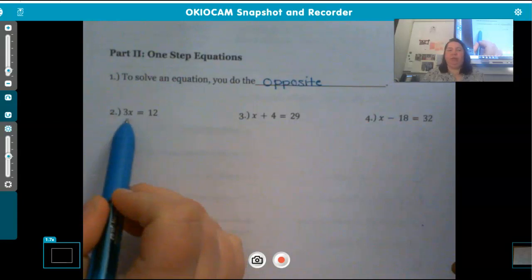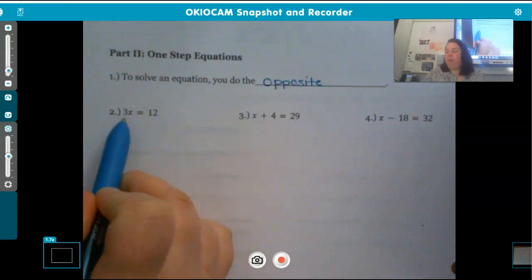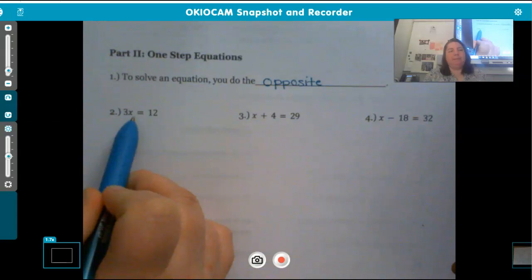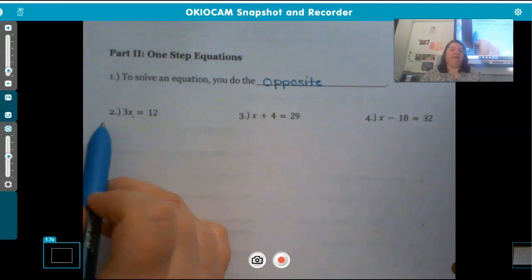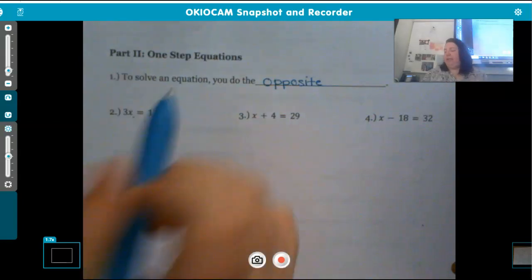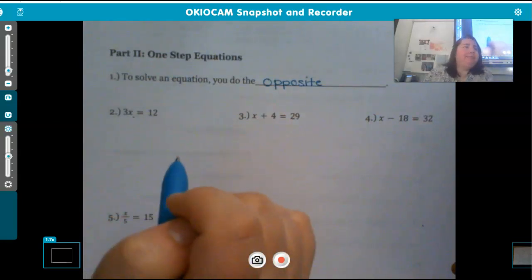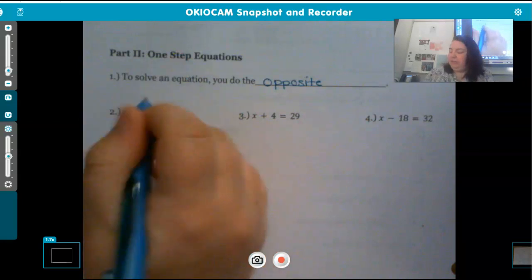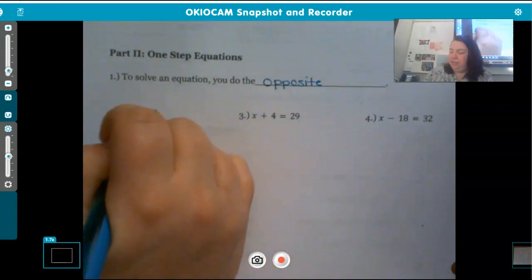So let's look at the first one, 3x equals 12. What is the equation asking us to do right here? To multiply, right? When I have a variable and a number touching, it means to multiply. So then what's the opposite? Divide. What are we dividing by? 3, because that is the number touching the variable.